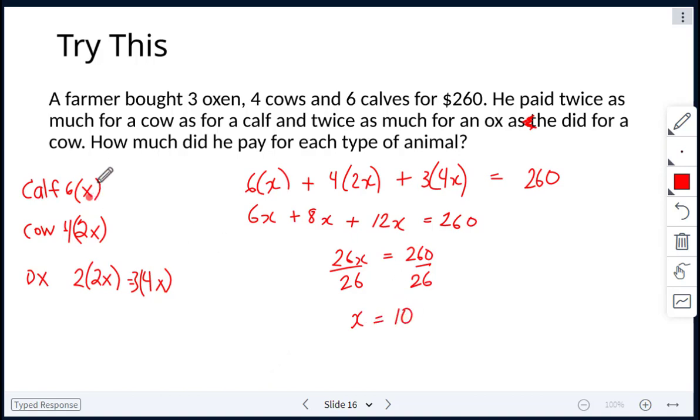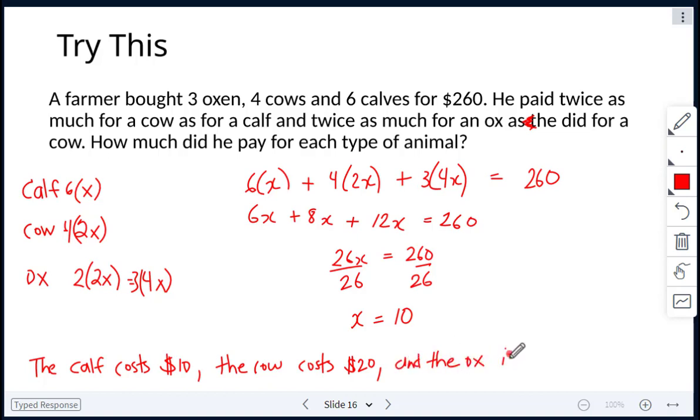All right, so we have to go back to our original expressions, where the calf is x. So therefore the calf costs $10, and then it's 2x for the cow, so the cow costs $20, and then it's 4x for the ox, which becomes $40.